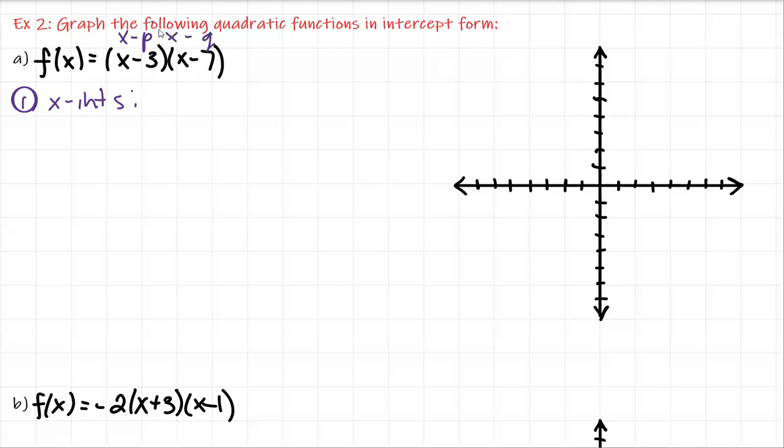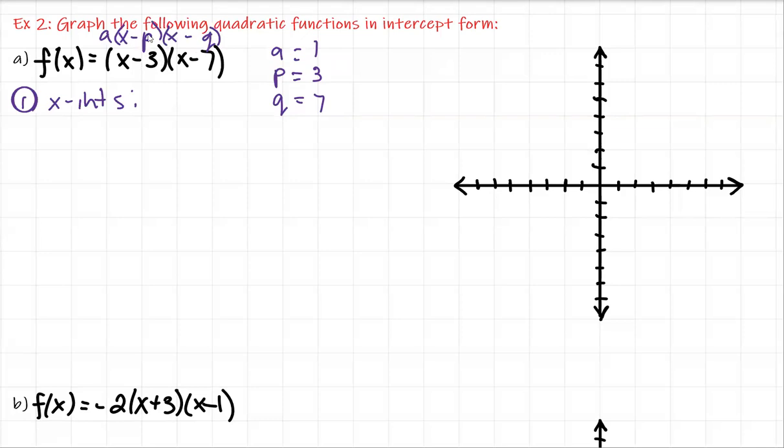And I guess actually technically the step you should do before this, like our first step in the vertex form, is identifying our coefficients. So a is 1 since there isn't a coefficient there. P is 3, Q is 7 because the minuses carry.